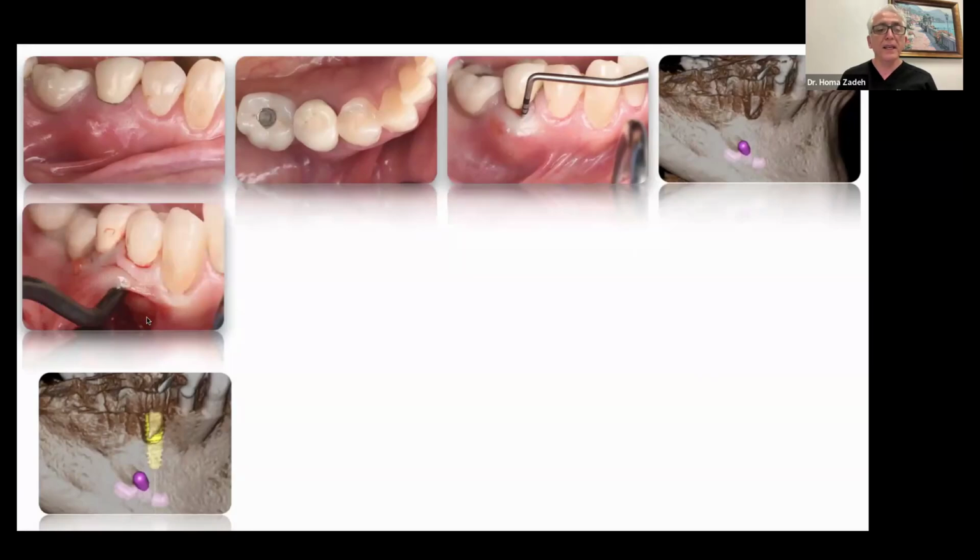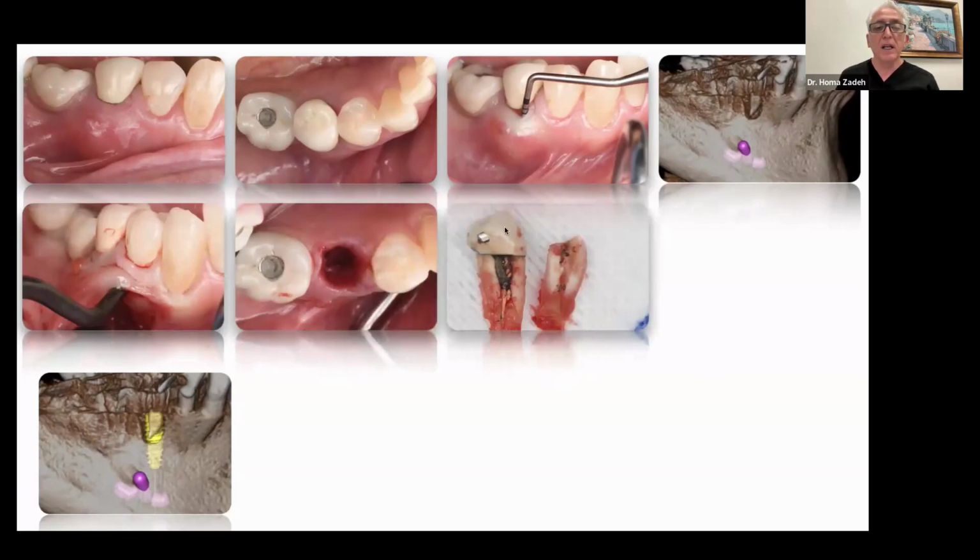So in this case, I'm making a VISTA, vestibular incision subperiosteal tunneling, to expose the dehiscence and to be able to graft around it. You have to obviously be careful of the mental foramen, which is right here. So we go in the direction of the crest, and you can see that the tooth was clearly split.